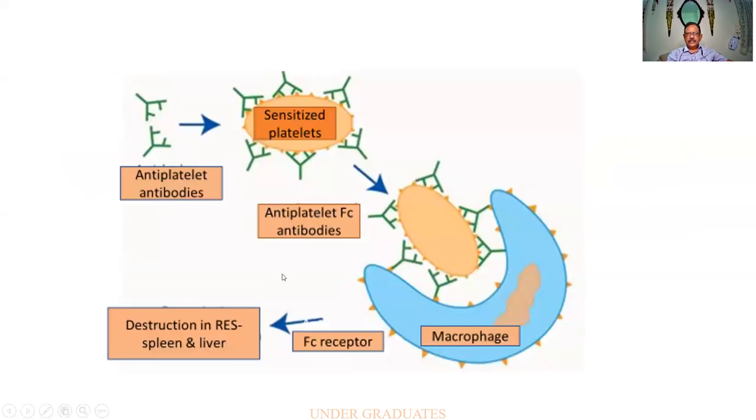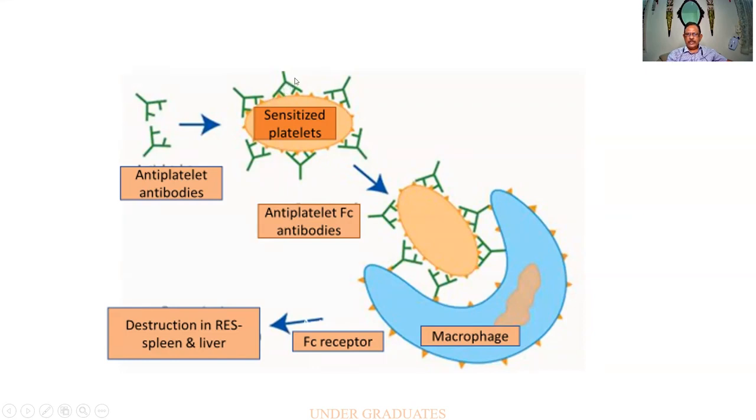This can happen in some cases. This is the structure of a platelet over here. This whole structure is a platelet. It becomes sensitized. That means it has got certain abnormal substances on the top. So antiplatelet antibodies are produced and they get attached to it.